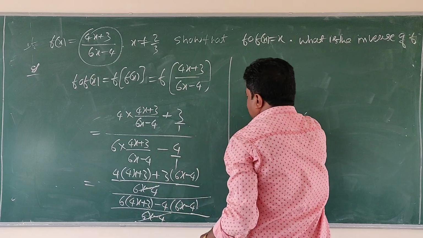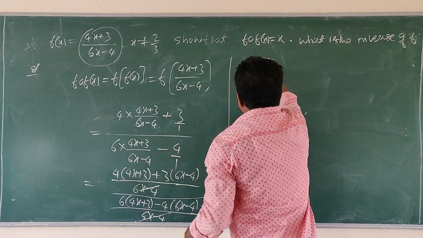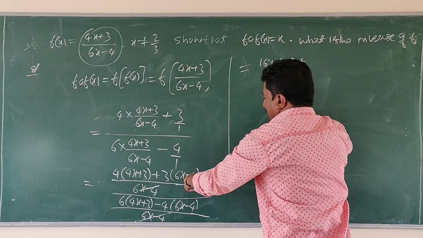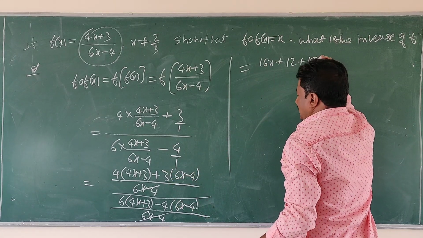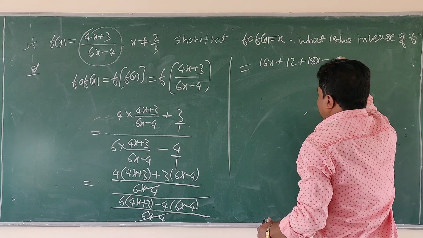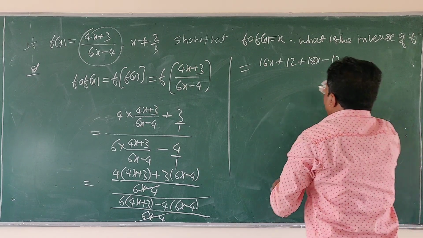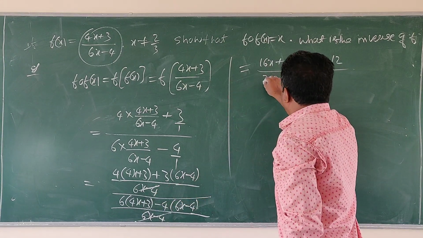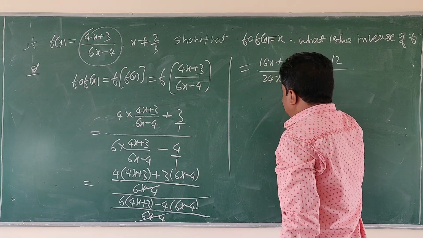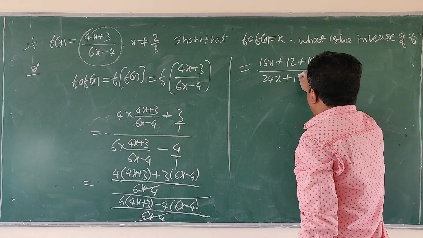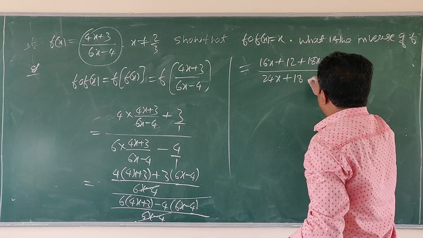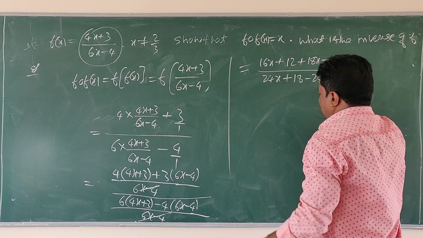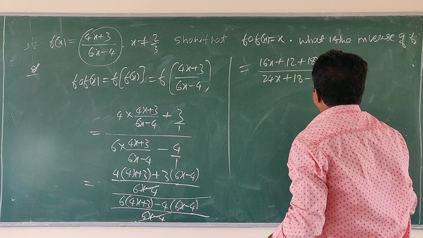So write, 4 4s are 16x plus 4 3s are 12, plus 6 3s are 18x minus 4 3s are 12, divided by, in the denominator, 6 4s are 24x plus 6 3s are 18, minus 6 4s are 24x, minus into minus plus 4 4s are 16.